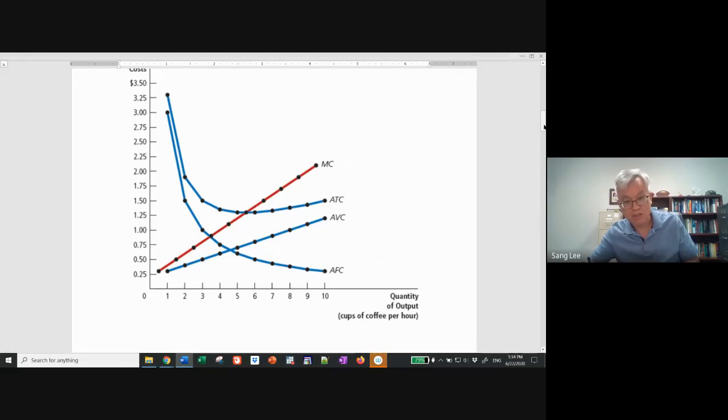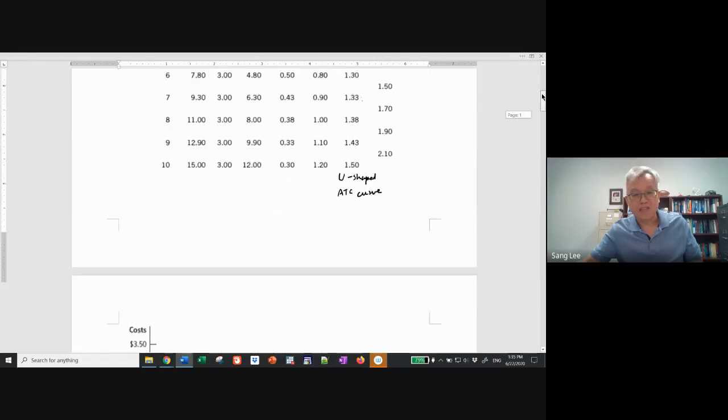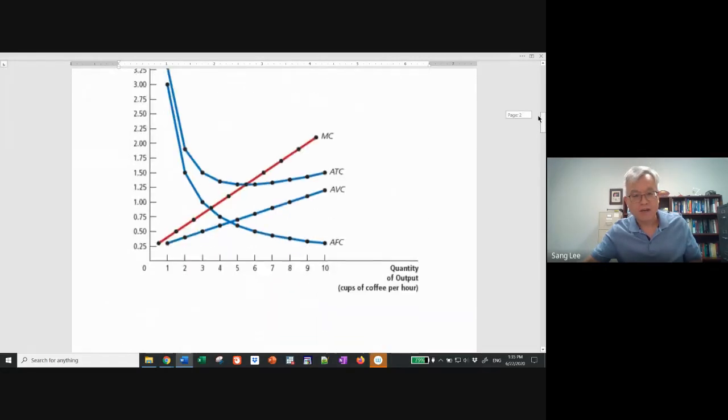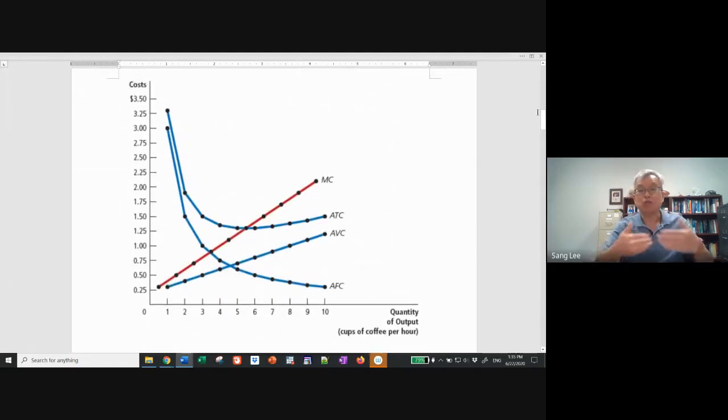It is always increasing, so positively sloped. But once again, the same information can be presented in 2 ways. Either in a table form like this, or in a figure, using curves. Okay, but information contained in the table and in this figure is exactly the same.